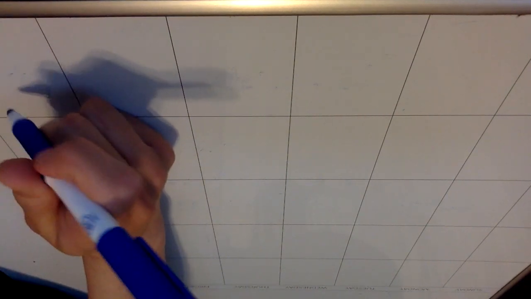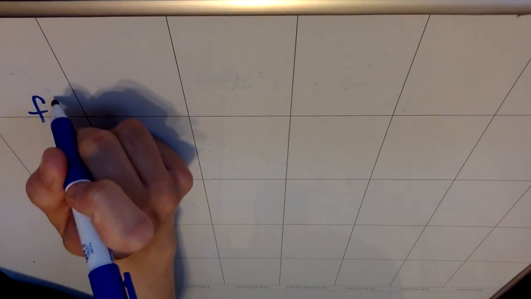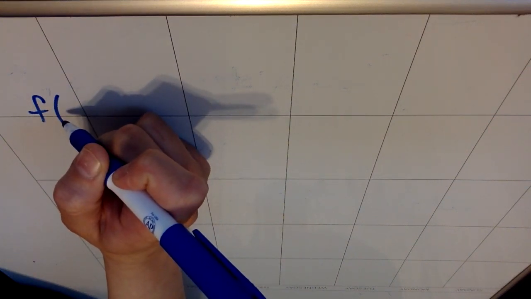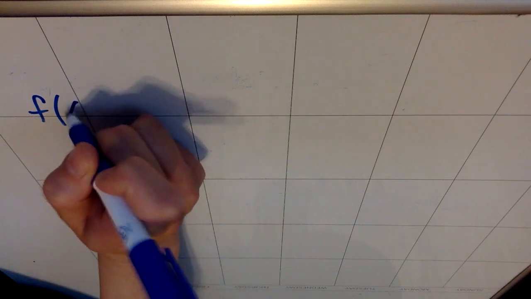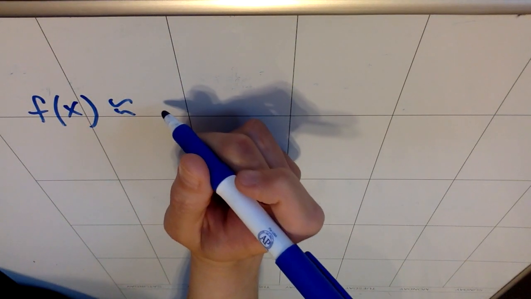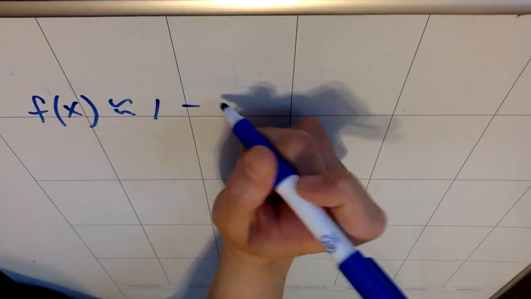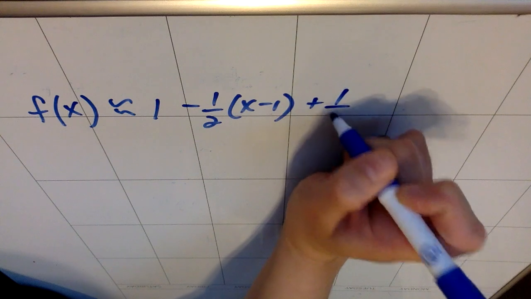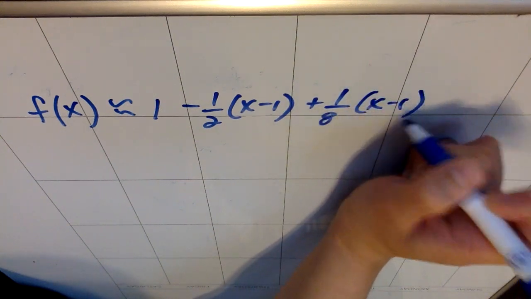We know from our original part A that f of x can be approximated by using 1 minus 1/2 times (x minus 1) plus 1/8 times (x minus 1) squared.